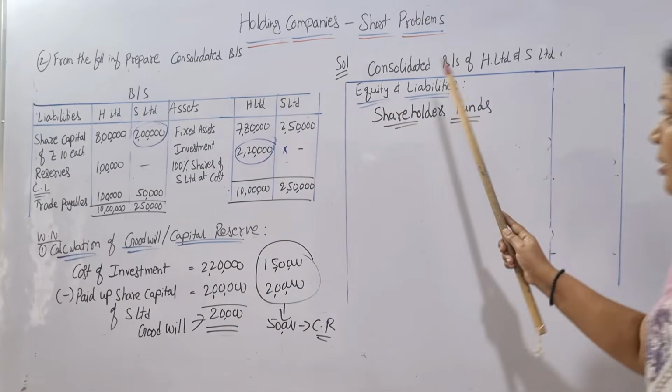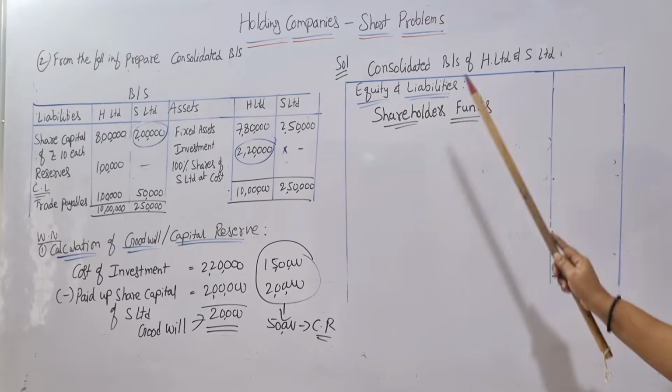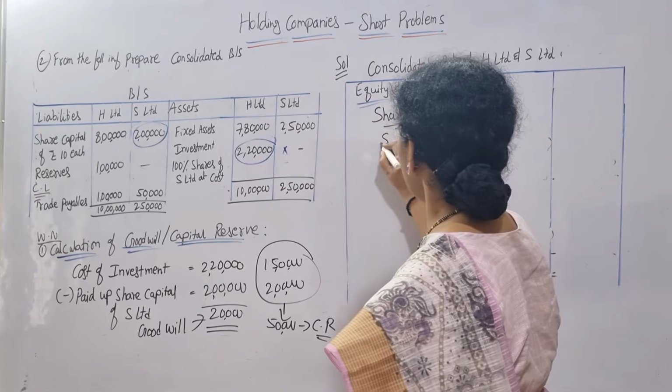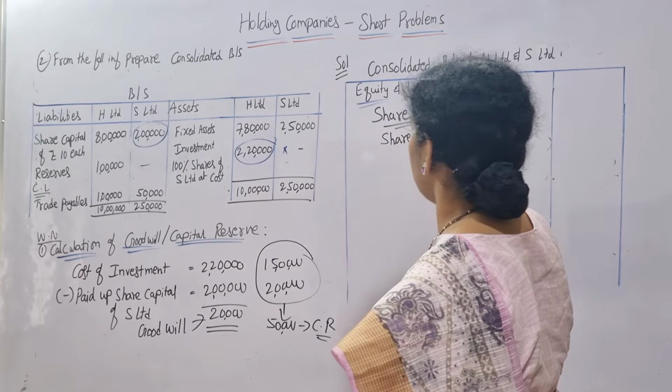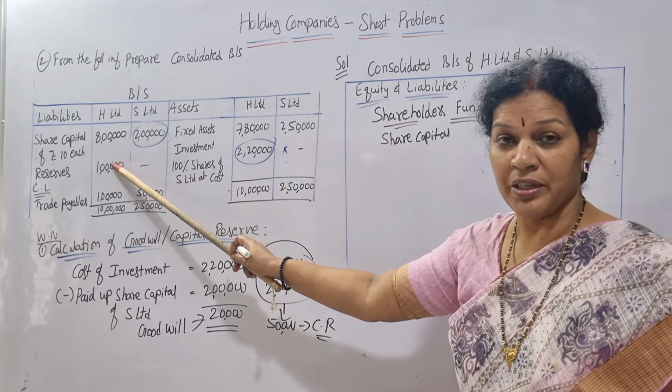I have already kept the heading, consolidated balance sheet of H Limited and S Limited, equity and liabilities. Under this, first shareholders' funds, two are there. One is share capital, the other reserves and surplus, isn't it? So first share capital we will write. Share capital, we are going to take only the holding company's 8 lakh.